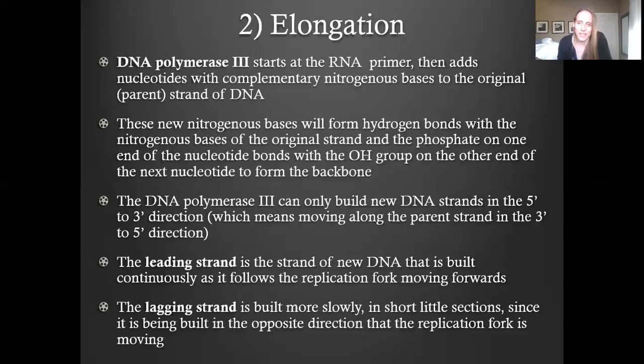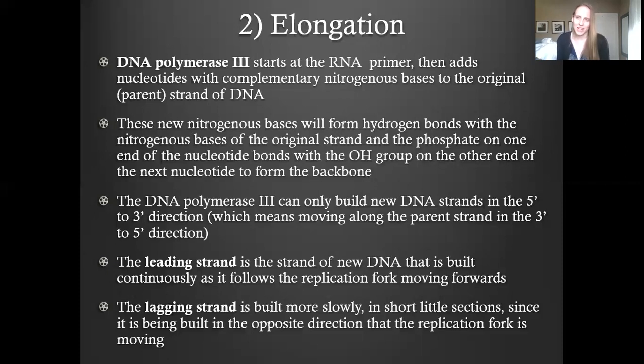Because DNA polymerase 3 can only build in one direction, when it's building the DNA along the two different DNA strands, it's going to be moving consistently in the 5' to 3' direction along one of those strands, and that's called the leading strand. Essentially, the DNA polymerase 3 is moving towards the replication fork on the leading strand.